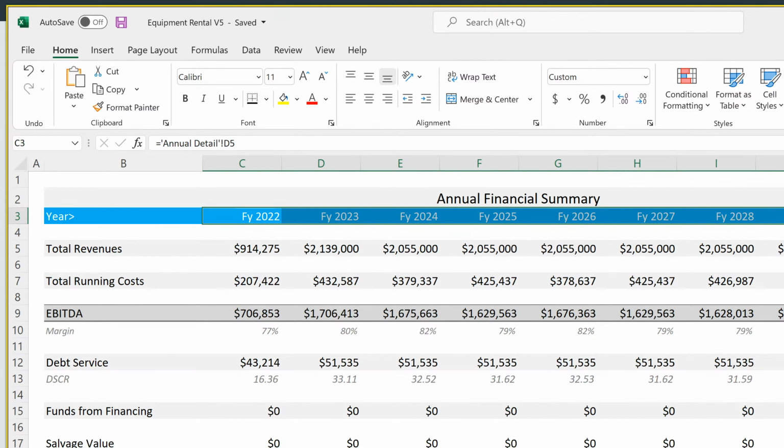A lot of what makes templates professional is consistent formatting. And also text, so font, so I'm bold. So these are bold.